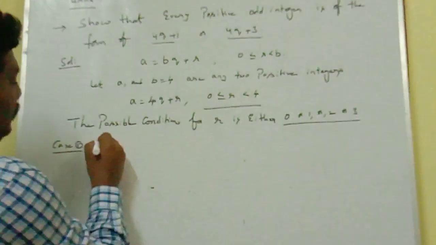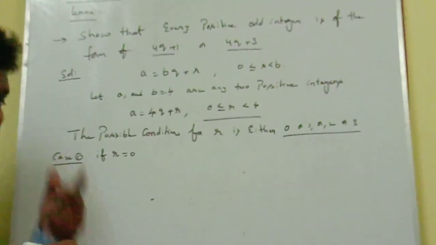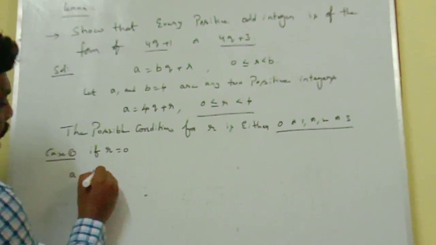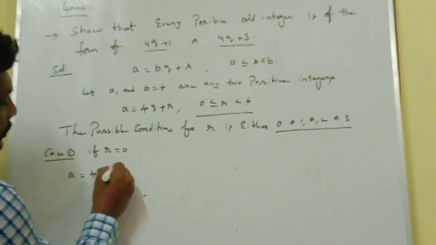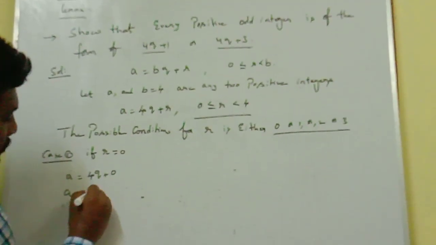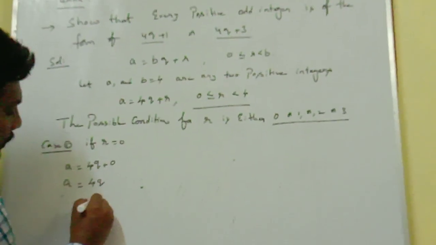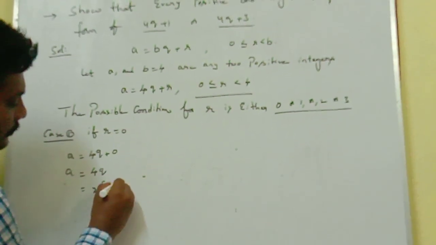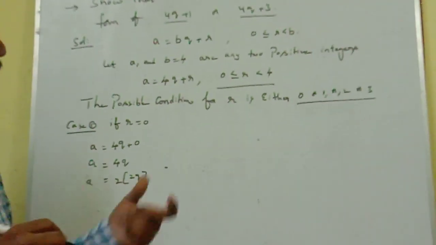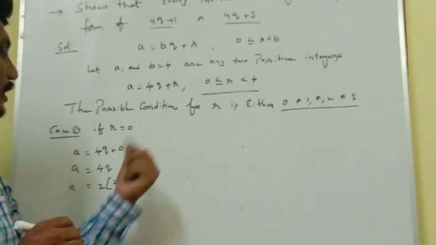In case 1, if r is equal to 0, what is the value of a? a equals 4q plus 0, that means a equals 4q. This 4q can be written as 2 times 2q. Why are we taking 2 as common? Because whether a positive number is odd or even is decided by the 2 table.